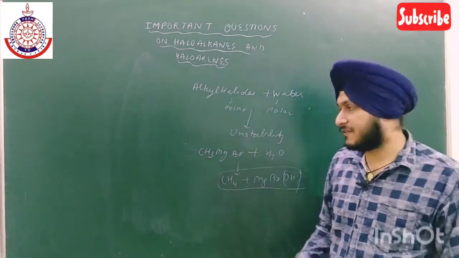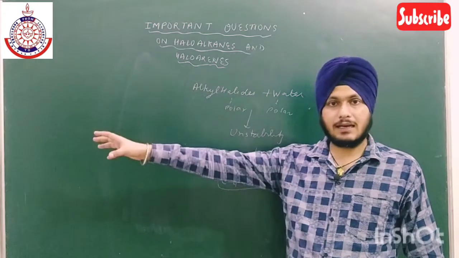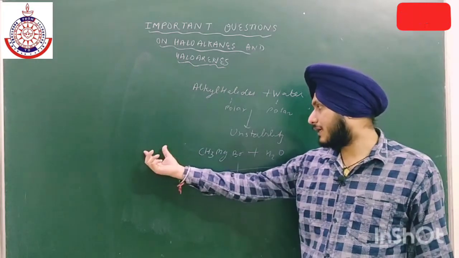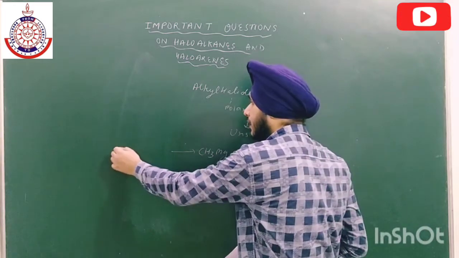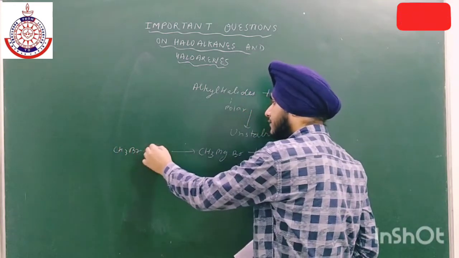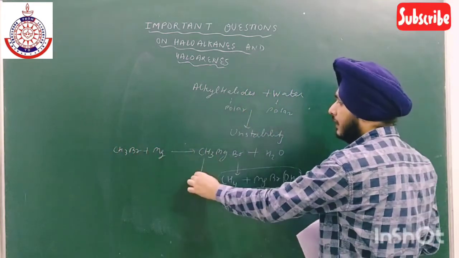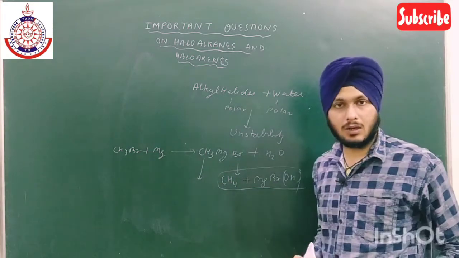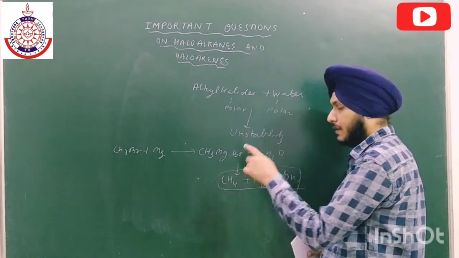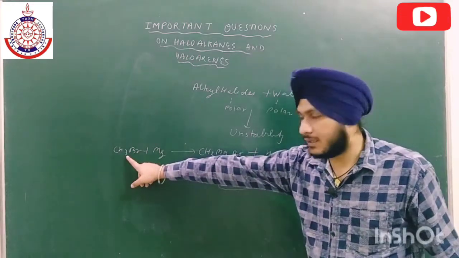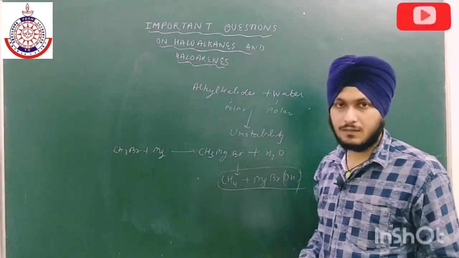So this is a very efficient method to convert alkyl halide. Firstly, we take alkyl halide, then react it with magnesium to prepare Grignard reagent, and then react it with alcohol or water to prepare hydrocarbon. So we can directly convert alkyl halide to hydrocarbon.